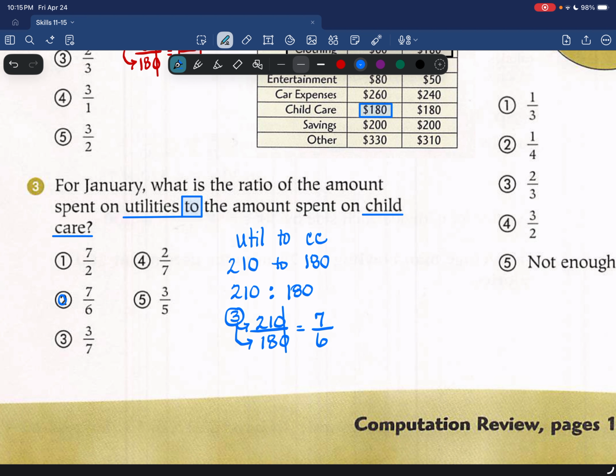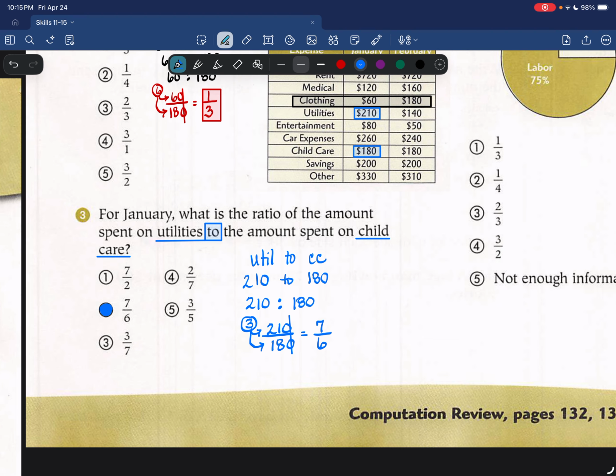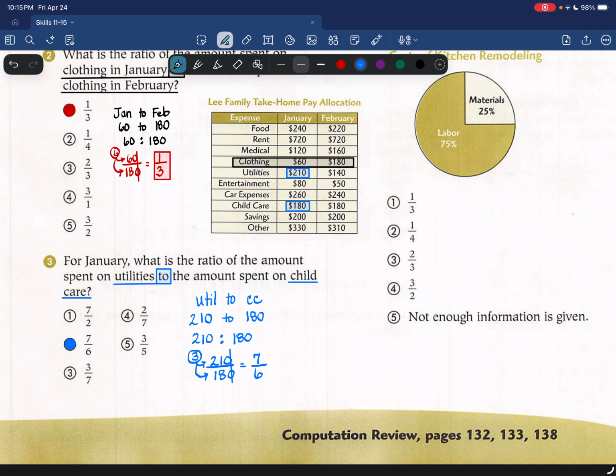You leave it as an improper fraction. 7/6 is your answer. So they spent slightly more on utilities than on child care. But that 7 and 6 are close together, so it was not a large difference at all.